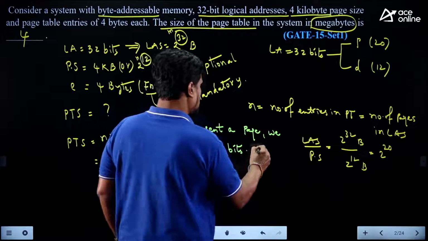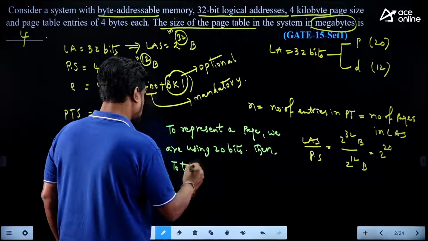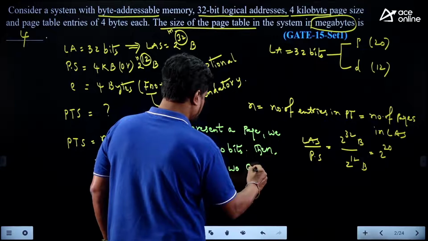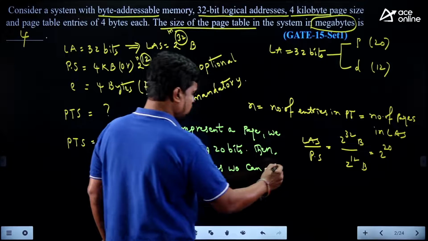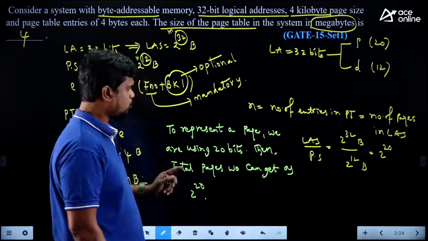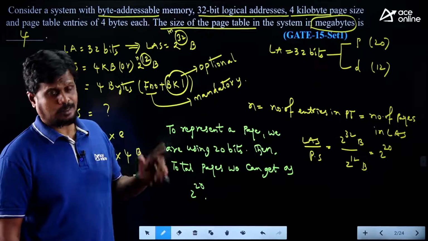Then the total pages we can get is 2 to the power of 20. And you know that the number of pages in LAS is equal to the number of entries in the page table.